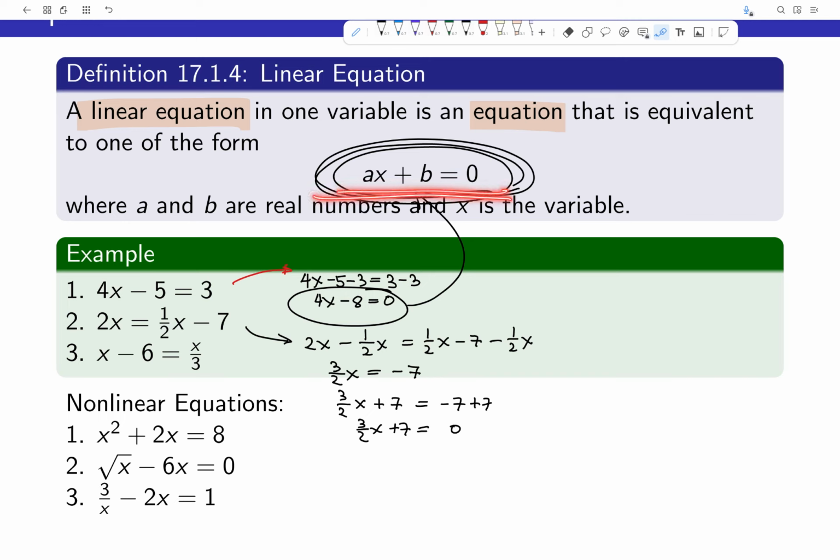We don't want a variable with a negative exponent. Although the highest exponent is 1, there is a variable here with a negative exponent, so obviously it's not a linear equation. So these 3 are examples of nonlinear equations.